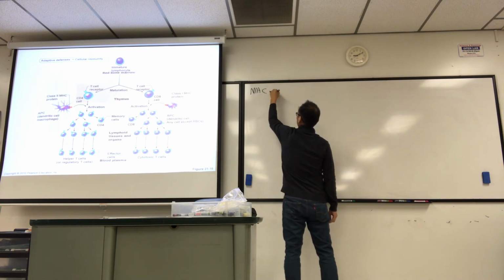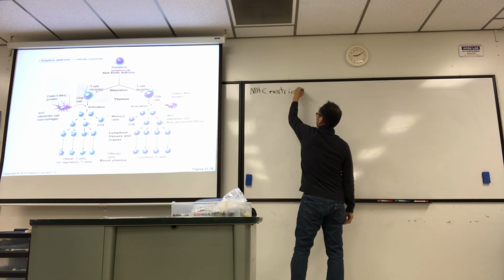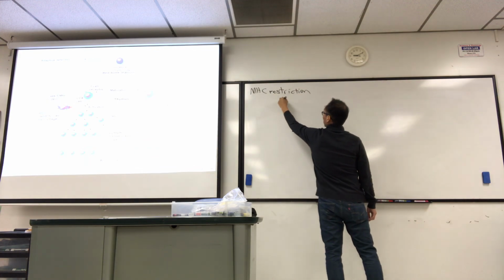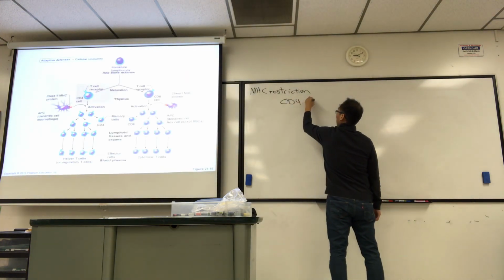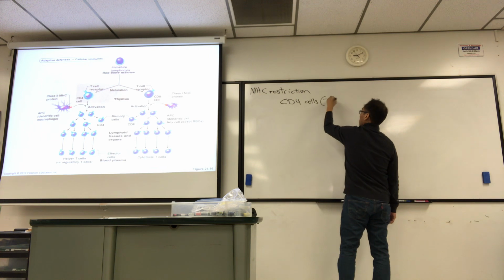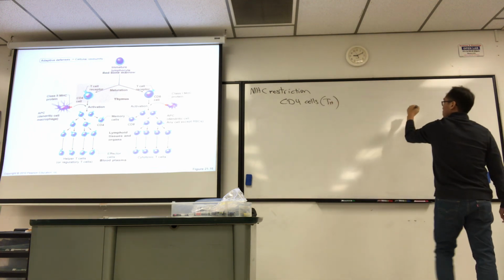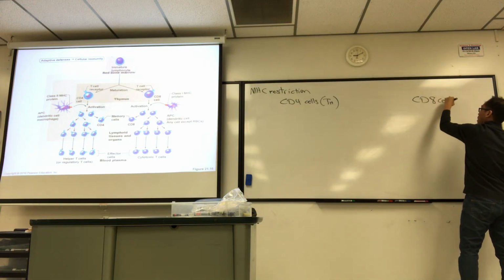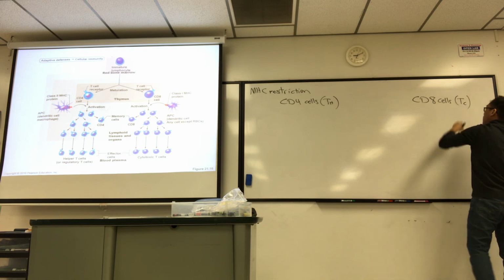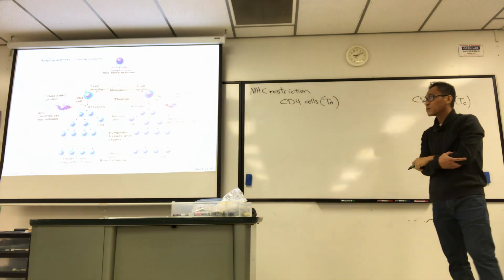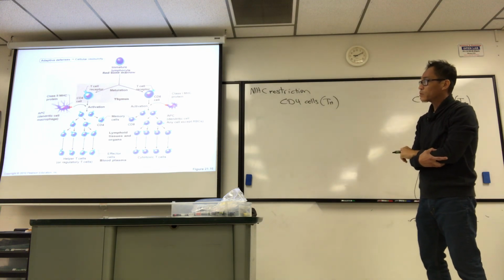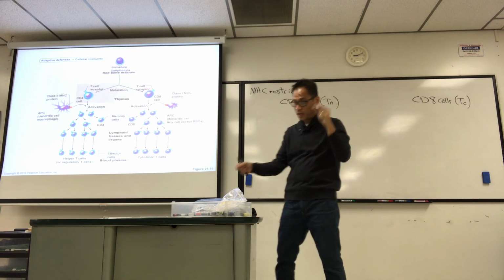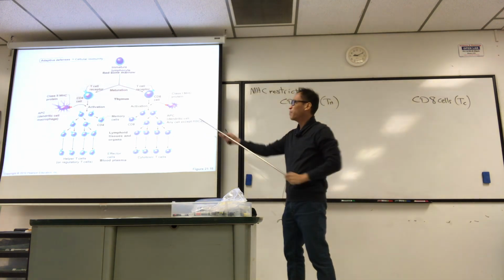MHC restriction. All right, so they have the CD4 cells over there. Let's remember, those are the T helper cells. And they have the CD8 cells. Those are the cytotoxic killer T cells. And what we see is that CD4 and CD8 both mature, top of the figure, in the bone marrow.